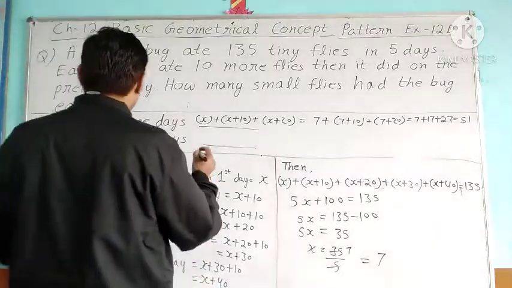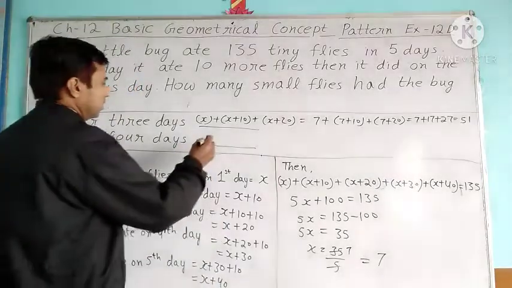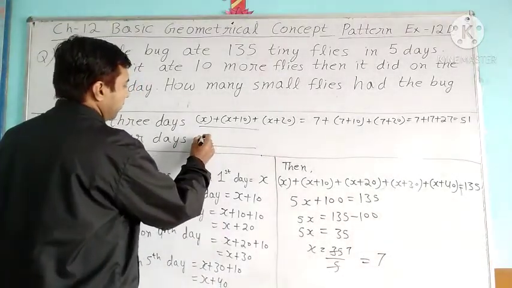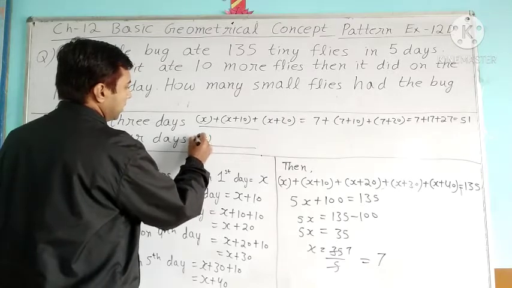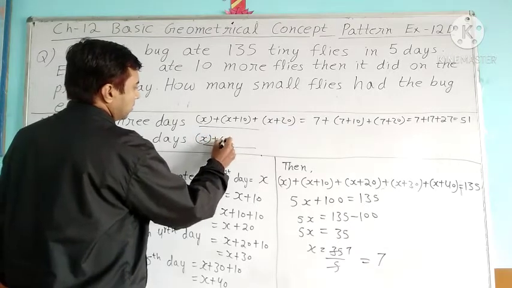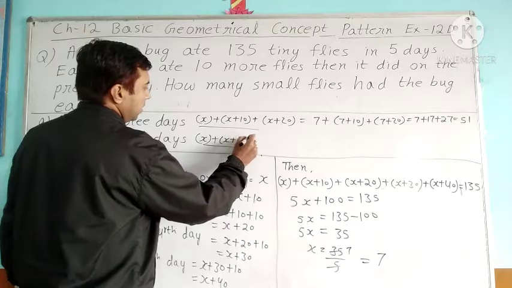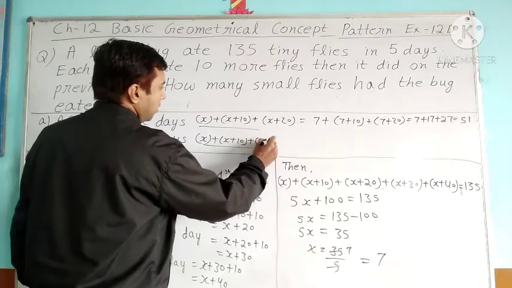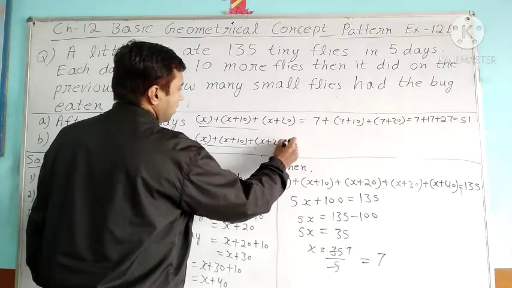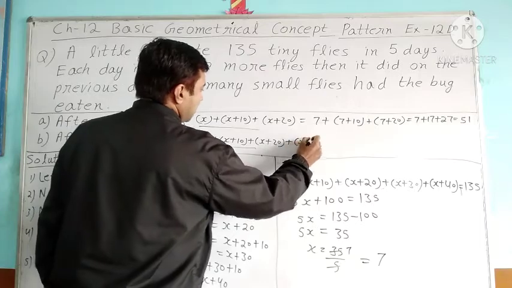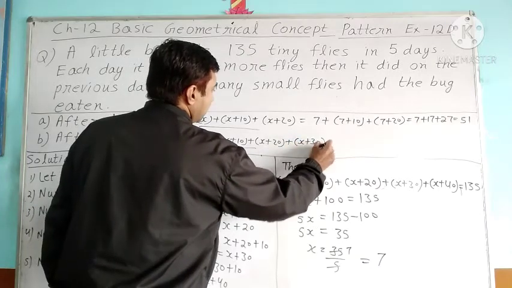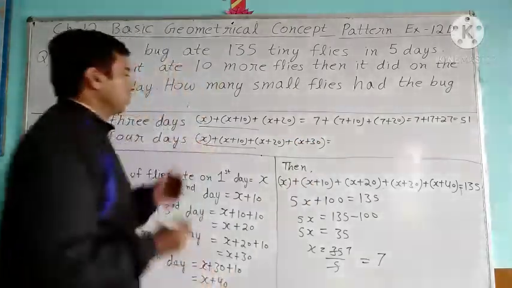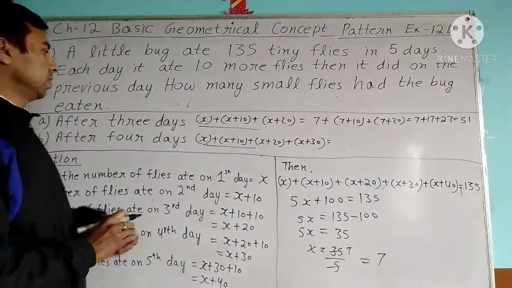Next, after 4 days. Clear? Very simple. x plus x plus 10, x plus 20 plus x plus 30. What do we do? We put the value. Very easy.